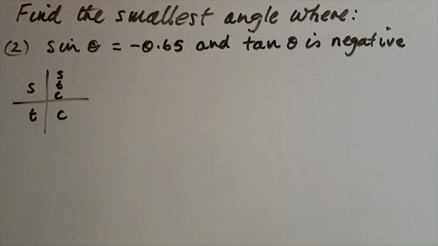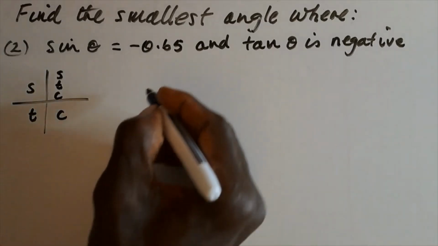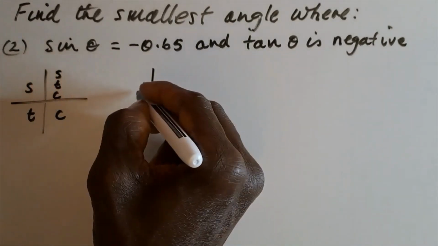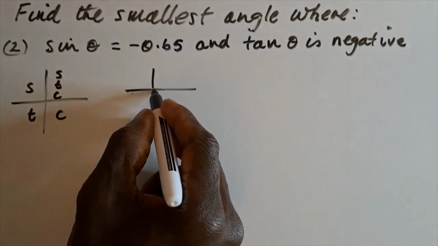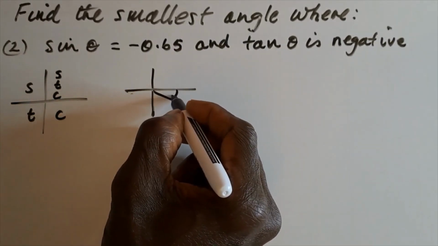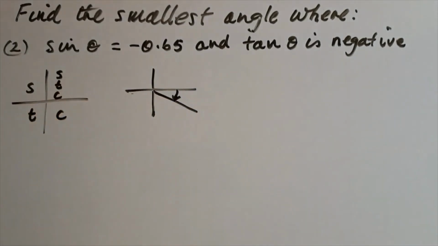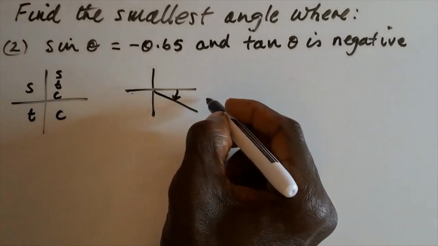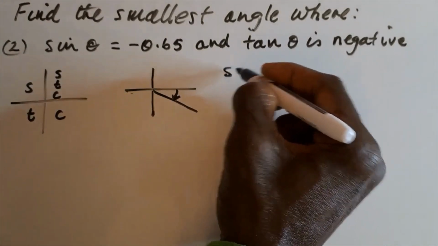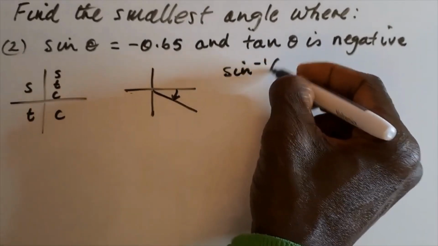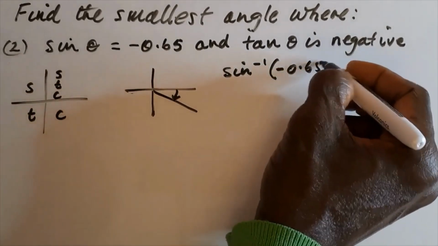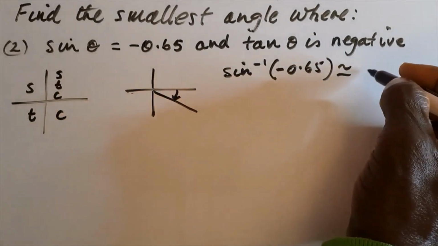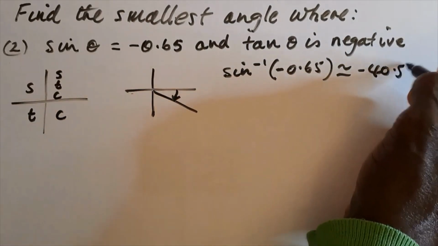So again, if we just draw a little sketch here, we'll have that it's somewhere in this, and it's a negative angle because we have that sine theta at minus 0.65 will give us, so we find the sine inverse of minus 0.65, which is approximately minus 40.5 degrees.